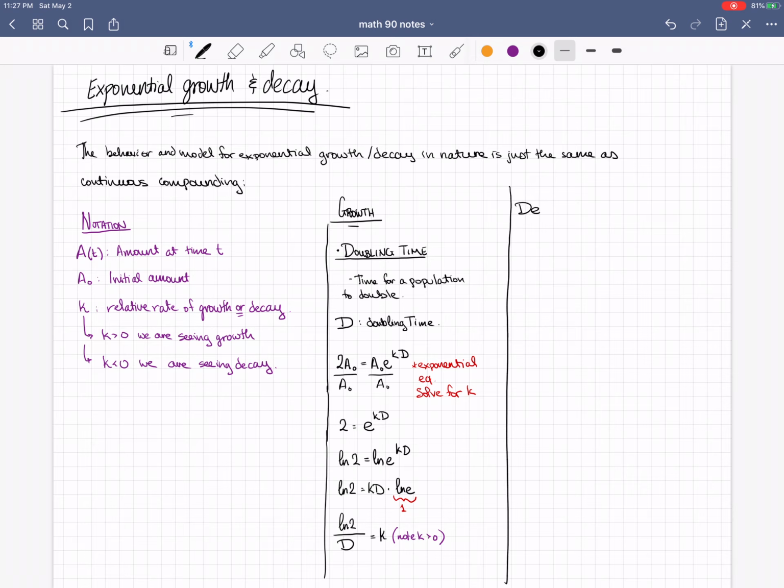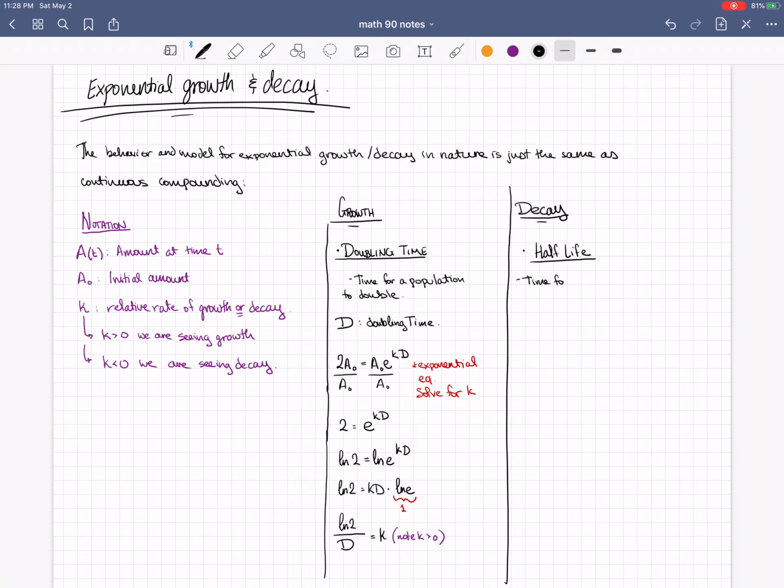So in the decay conversation, when you're looking at something that's decaying, you're looking at half-life. So one really common place where you might encounter conversations about half-life is in the pharmaceutical industry, right?